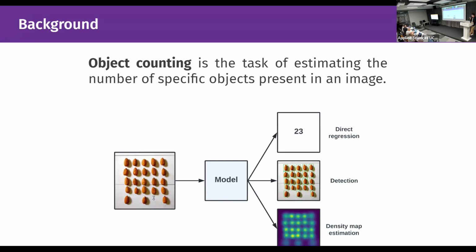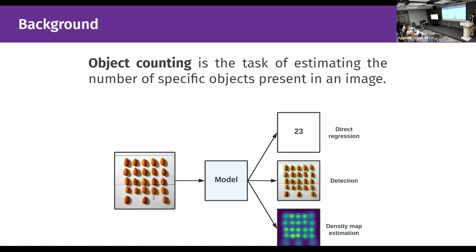However, this approach involves learning a lot of redundant information like precise object location, which is not needed for object counting. And the third approach is density-based, where we predict a density map, and the object count is obtained just by summing up the pixel values.